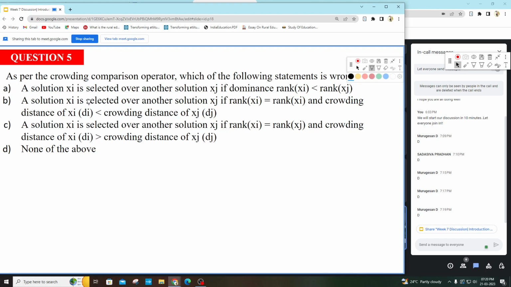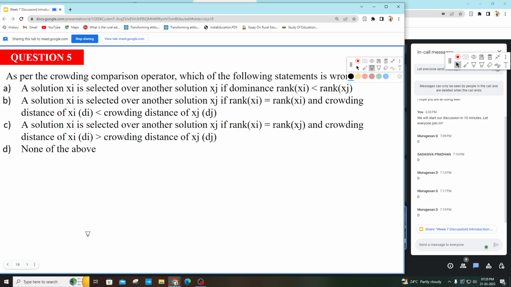Then B is a solution xi is selected over another solution xj if rank xi equals to rank xj and crowding distance of xi di is less than crowding distance xj dj. C is a solution xi is selected over another solution xj if rank xi equals to rank xj and crowding distance xi di is greater than crowding distance xj dj. And D is none of the above.